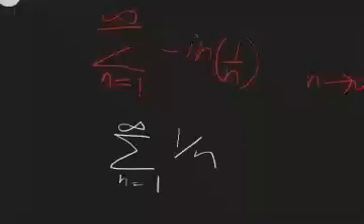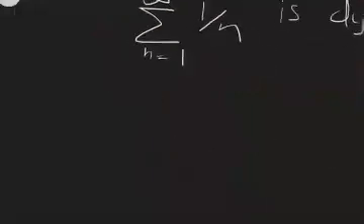So here we know that the infinite series of 1 over n is divergent, right? And what is the limit of sine of 1 over n divided by 1 over n?